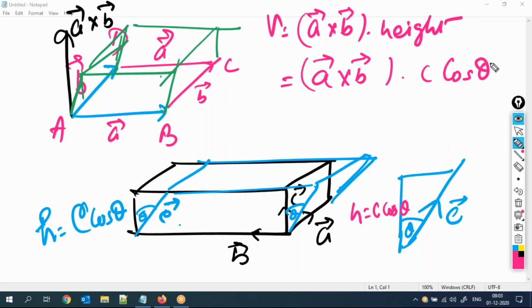Cos theta is dot product. Any question? No, sir. So what is area? What is volume? Are we clear? Yes, sir. Very good.